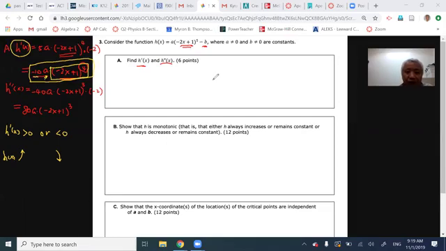First thing first, we need to know what's the meaning of the critical point. For the critical points, the h derivative must be equal to 0, right? So we make the h derivative equal to 0 first.